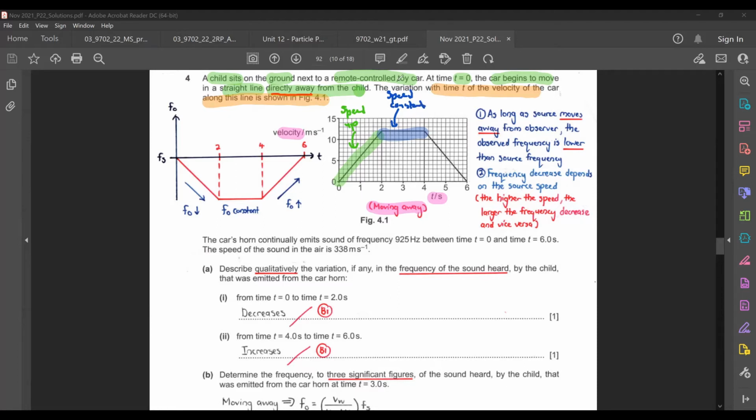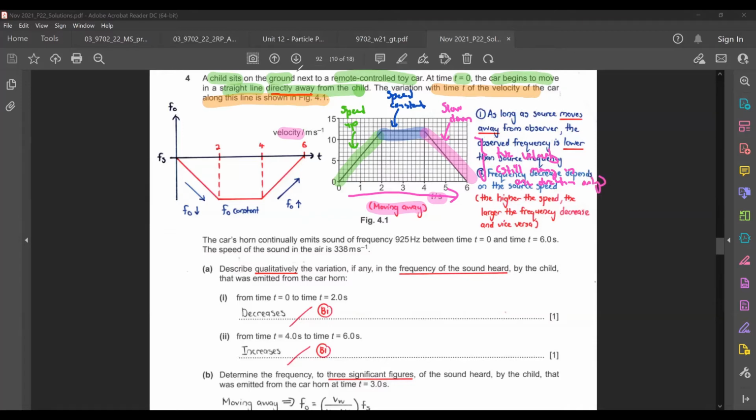And then the last part, you will notice you are slowing down. From here all the way to here, you're always still moving away from the child. At no point did you ever change your direction to move back towards the child, because all this is still positive velocity. So you're still moving in one direction only.